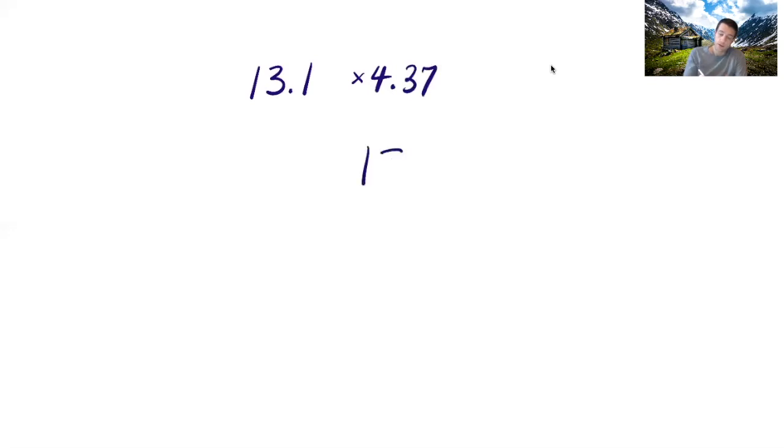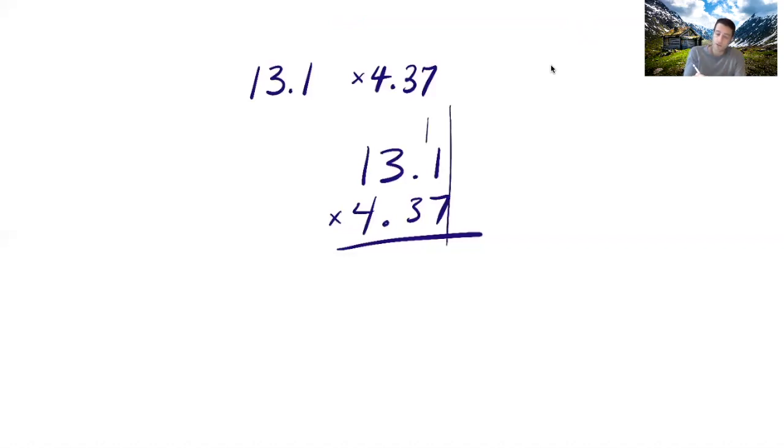Now, when we line this up, you can see that our decimals won't line up. You just ignore the decimals until the end, and you're just going to right justify these. You line them up just so they line up evenly.